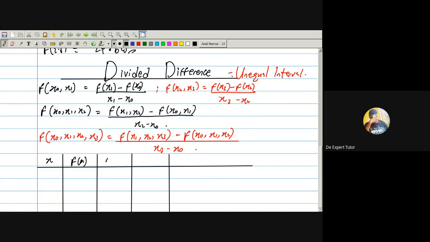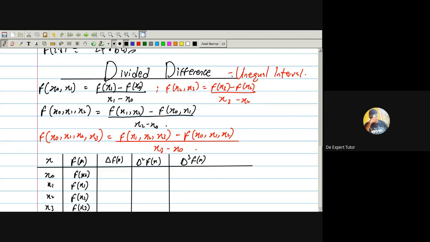Don't forget the pattern. This is x0, x1, x2, and this is x3. And this one will be f of x0, f of x1, f of x2, f of x3.